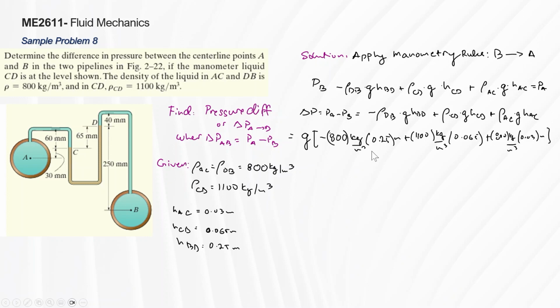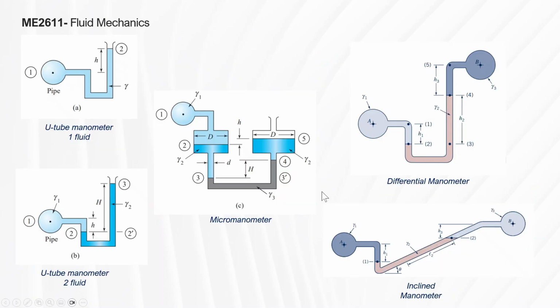So ang lalabas ito, kilogram per meter squared, meters per second dito. So magiging difference ito is negative 1,024.79 or basically negative 1.035 kPa, which only means one thing. Mas malaki yung pressure ng PB kesa kay pressure A.